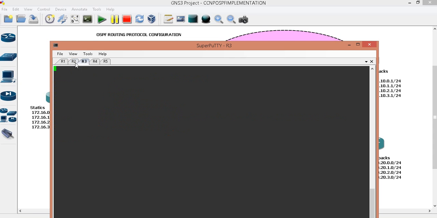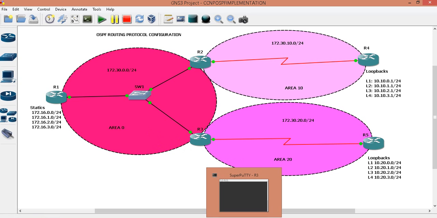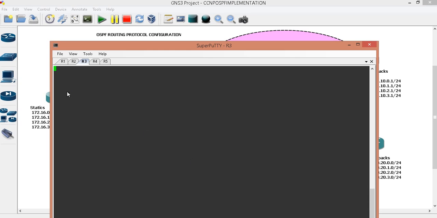I'm going to router 3, which is the router here. It's lying between area 2, area 20, and area 0. It's an ABR router. Router 3. Configure terminal, router ospf 1, router ID 3.3.3.3.